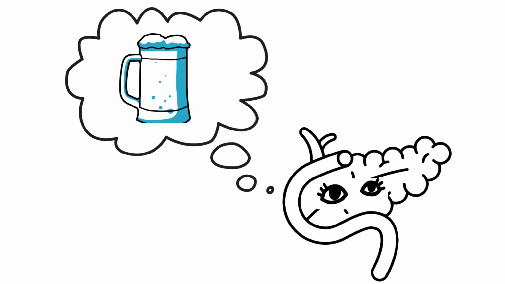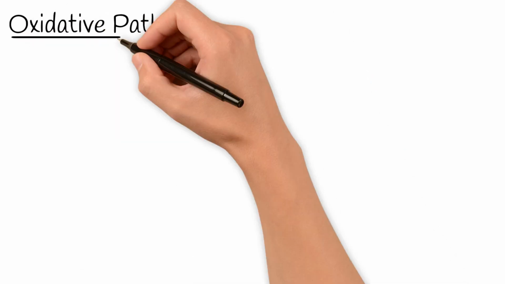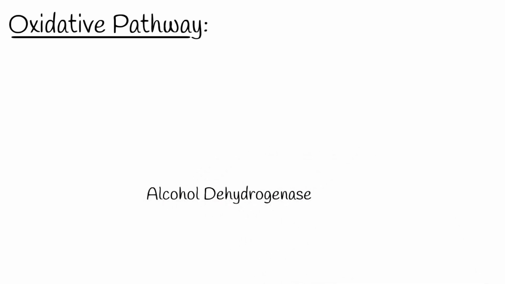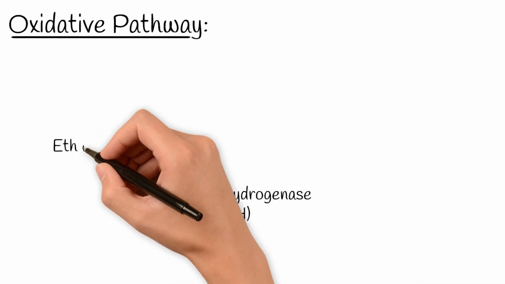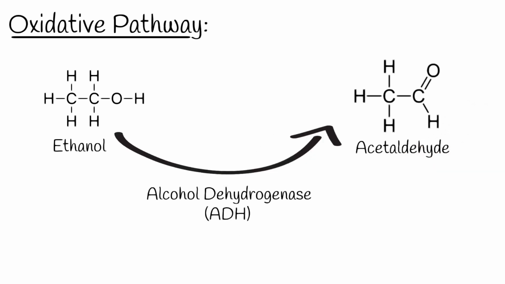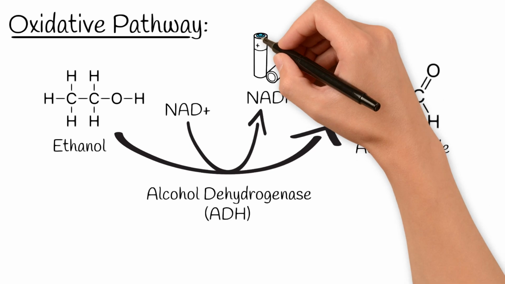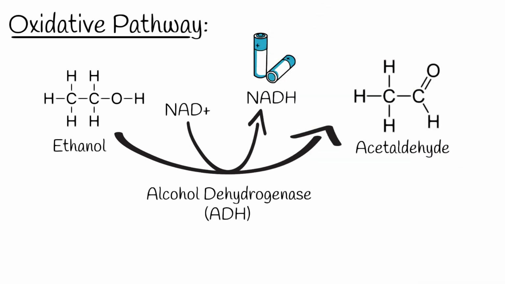There are 2 main types of alcohol metabolism, oxidative and non-oxidative, both of which occur in the pancreas and produce damaging byproducts. In the oxidative pathway, alcohol dehydrogenase, abbreviated ADH, converts ethanol to acetaldehyde and reduces NAD to NADH. NADH is a high-energy electron carrier which can be used to synthesize ATP via the electron transport chain.